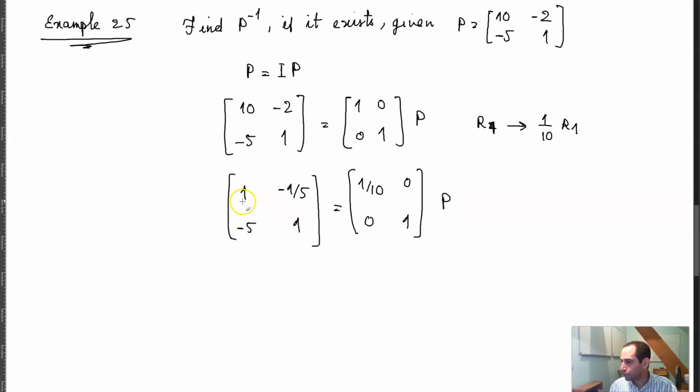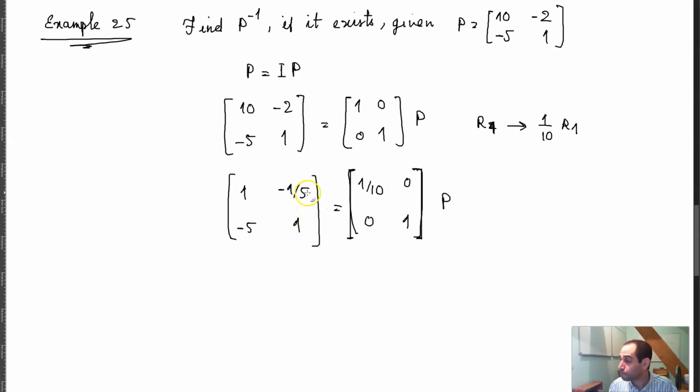So this is an example of a case where the inverse actually does not exist, and we will see how it actually happens.